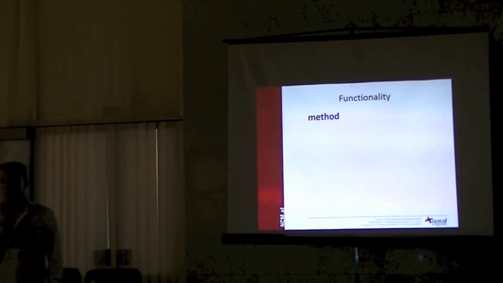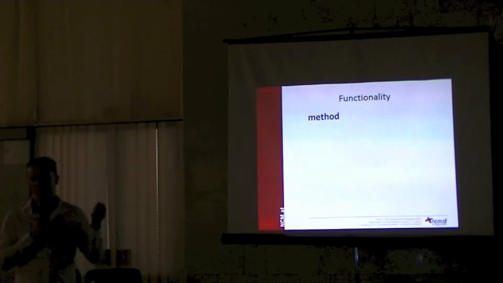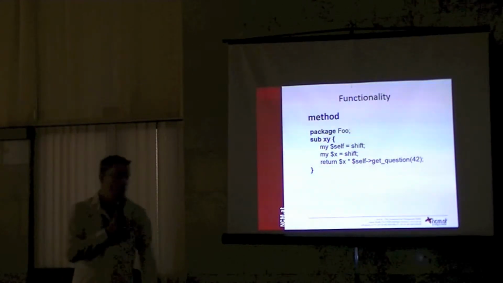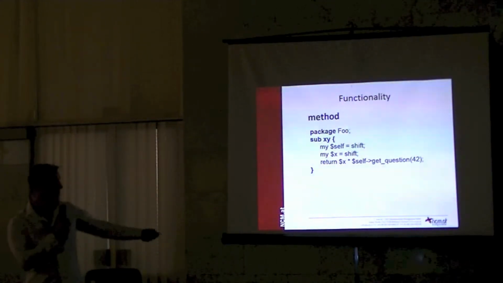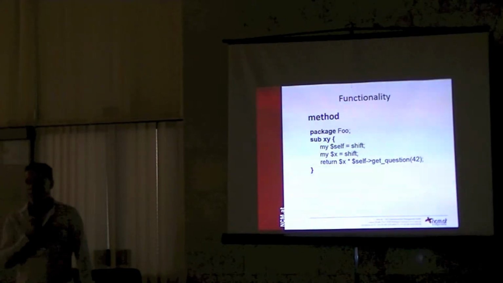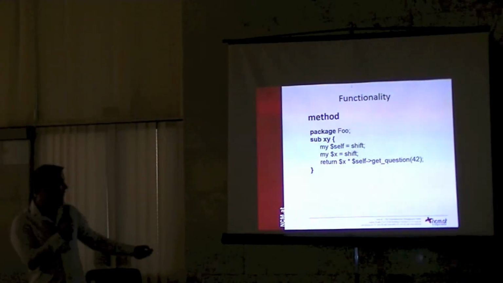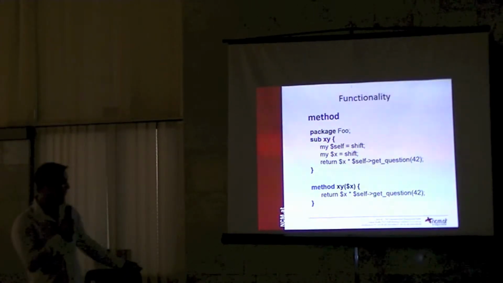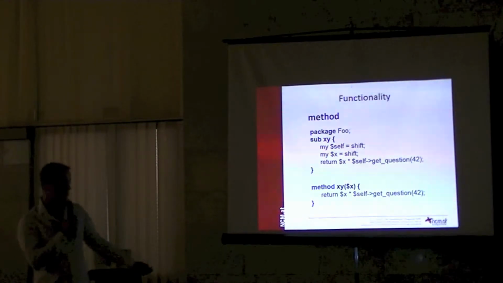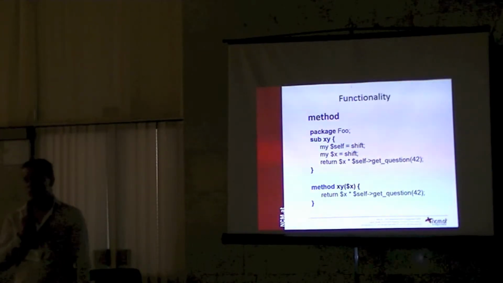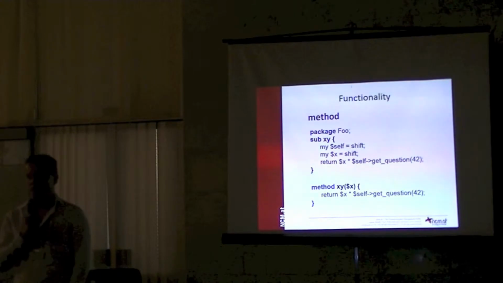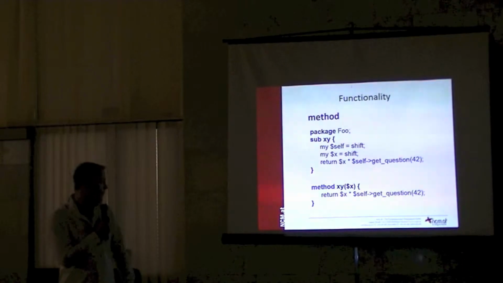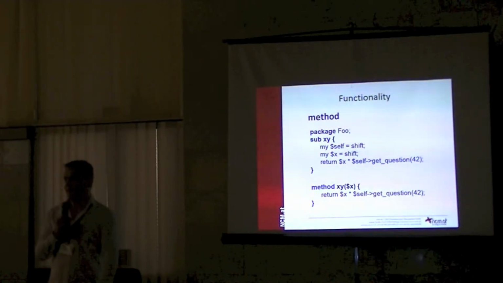The second keyword you have to remember is called method, and you know that you have to do the shift to get the self reference, and with method signatures you don't have to do that. It's there. So you get your reference to self by itself, just by using. So easy, right?